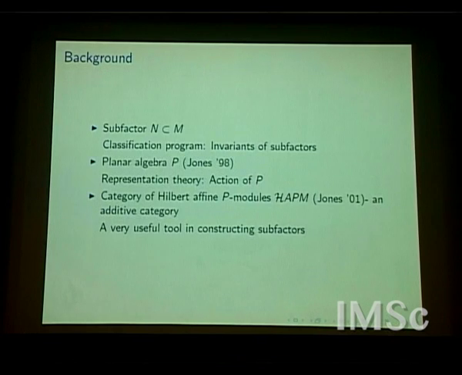From these invariants, how can you produce subfactors? This was the main goal for Jones, to look at the representation theory of planar algebras, or action of planar algebras on Hilbert spaces. We will denote these Hilbert affine P-modules as HAPM, introduced by Vaughan Jones in 2001, and it's an additive category. You can take direct sums and so on.